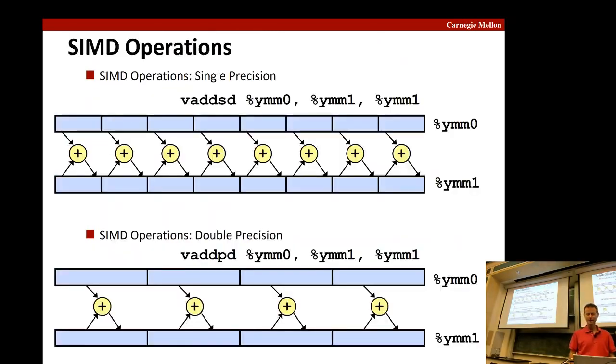The SIMD operations work within each of the segments, and the suffix of the instruction indicates which version you're using, whether you're treating them as 8 32-bit things or 16-bit things and so forth. Okay, good.